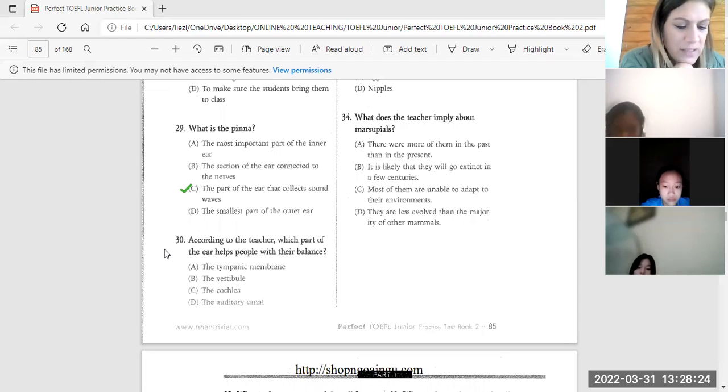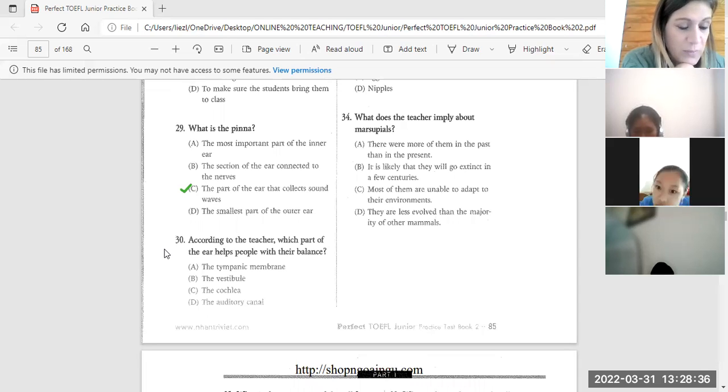Take a look at the middle ear. There are three small bones here, here, and here. These bones help transfer the sound waves from the outer ear to the inner ear. That's pretty much the role of the middle ear. Simple, huh? As for the inner ear, there are three main parts. The cochlea collects the sound waves that come from the middle ear.